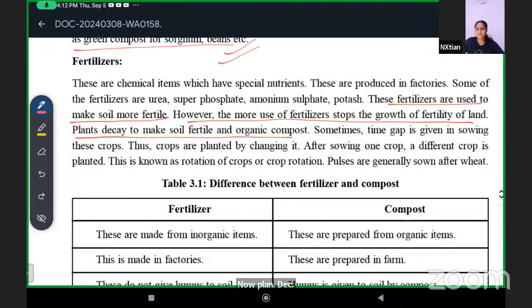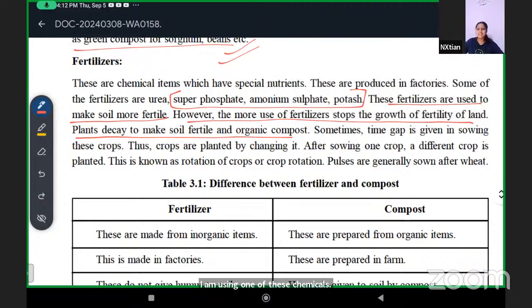How does it ruin the soil? What in it is bad? Suppose I am using one of these chemicals, and I'm using it too much.